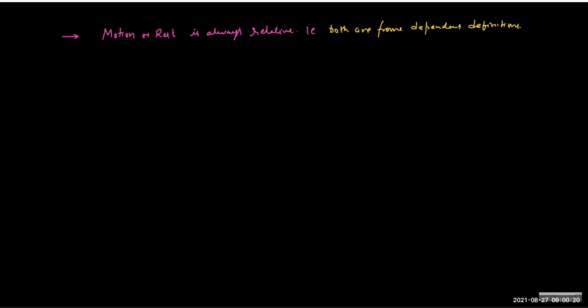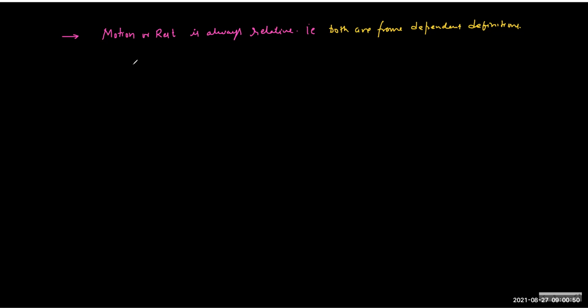And we know, for example, that if you are in a car and your friend is also in the same car, both of you are at rest with respect to each other. So if one of you becomes an observer and tries to observe the other, you will see rest. But both of you are in motion for any other observer standing in the ground frame, or maybe in a car which is moving at a different speed than your car.